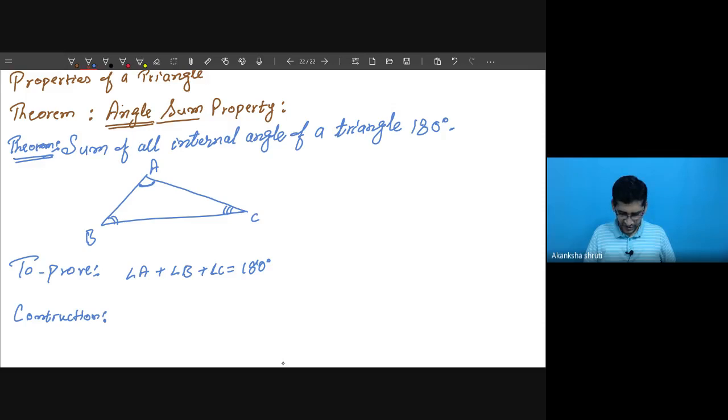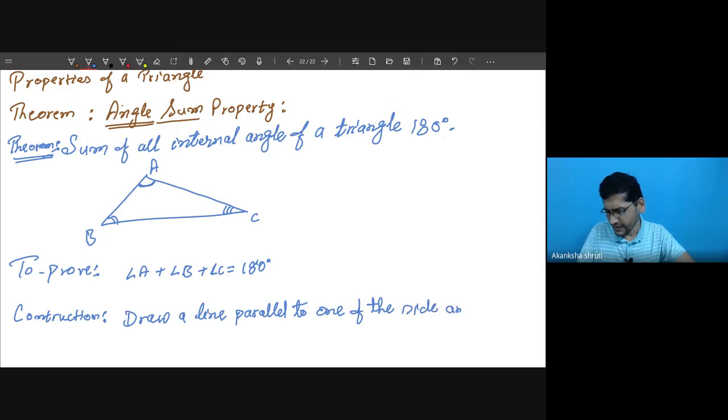Now the construction. For the construction, understand, we want to convert all these angles of ABC into a straight angle. How can that be converted? By drawing a line parallel to any one of the sides passing through the other vertex. So draw a line parallel to one of the sides and passing through the other vertex.